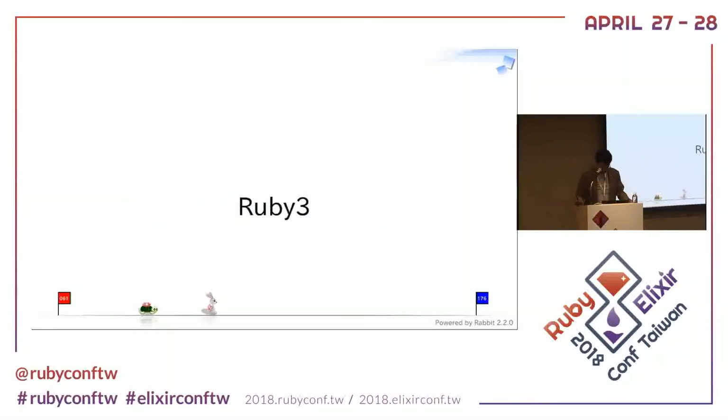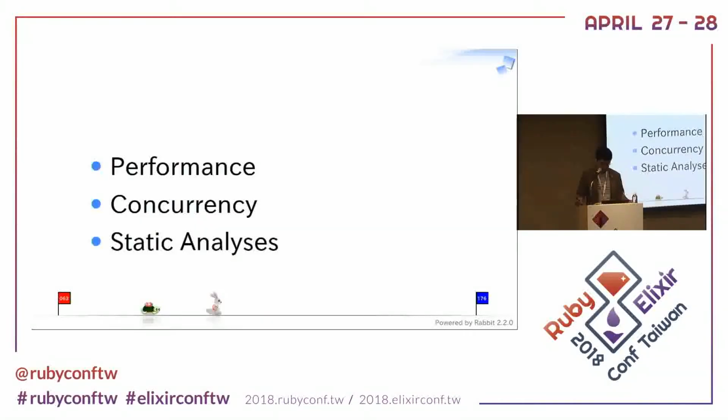So we are going to create the new version of Ruby, named Ruby 3, to fight against the future. We have three major features in Ruby 3, which are performance, concurrency, and static analysis.